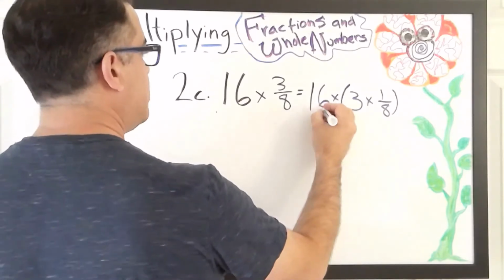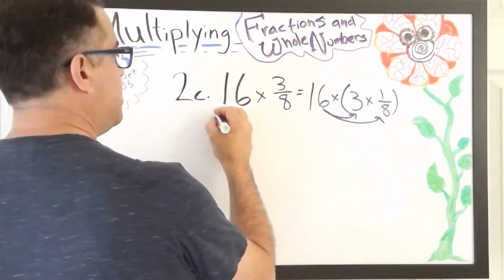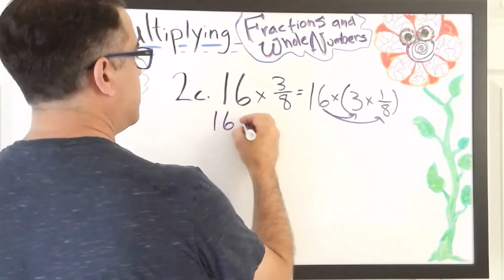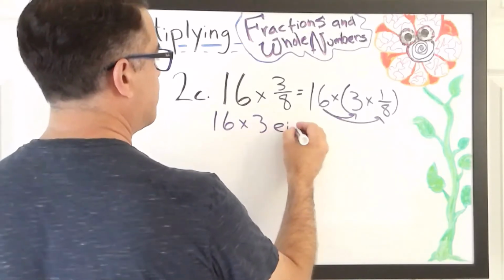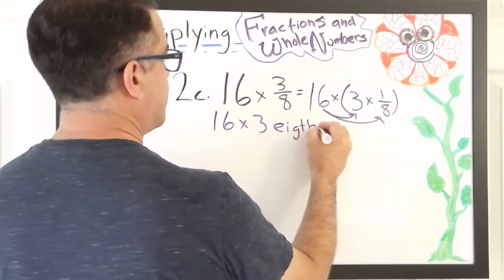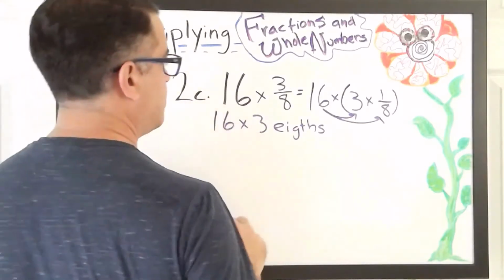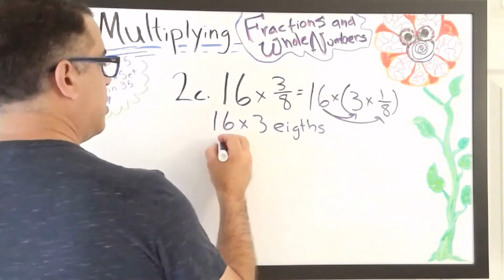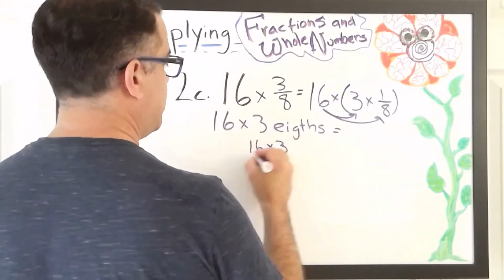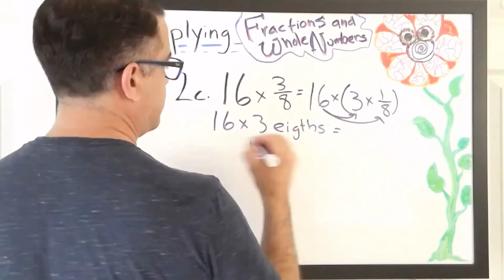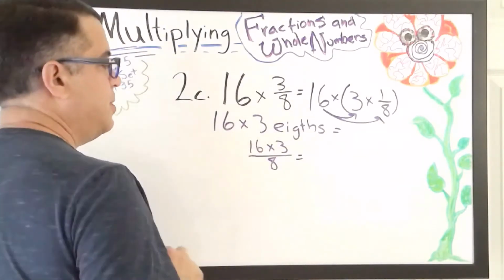We would do the distributive property here a little bit. We can say 16 times 3/8. Okay, here's your unit form, 16 times 3/8. So that would also look like 16 times 3/8. Now the hardest part of this problem, of course, is to multiply 16 times 3.